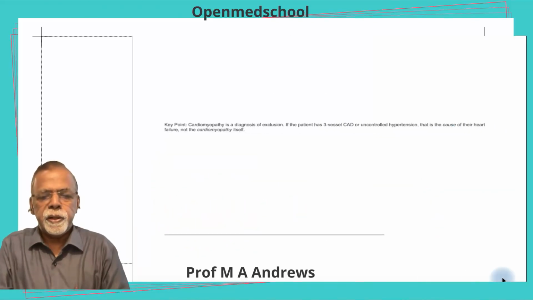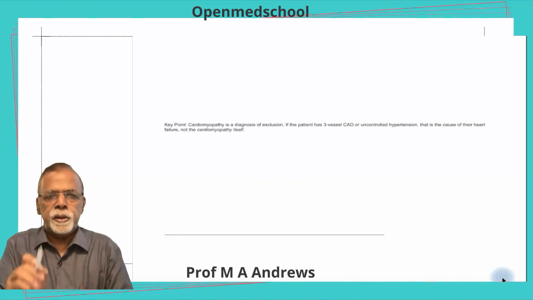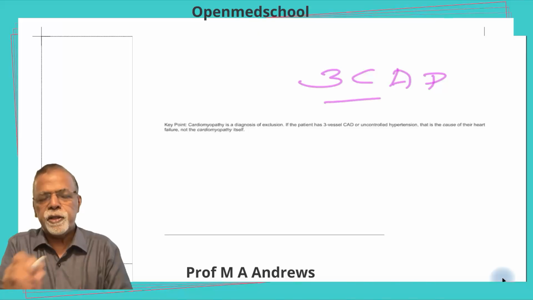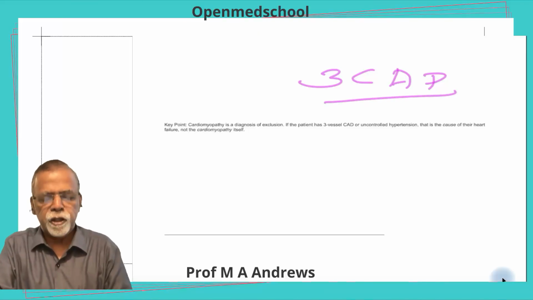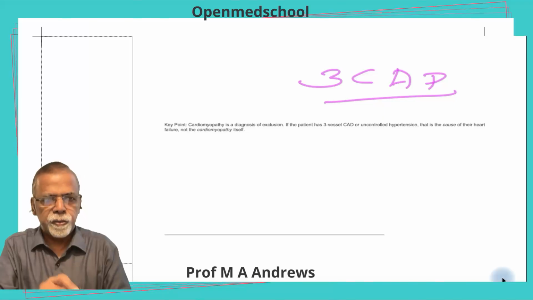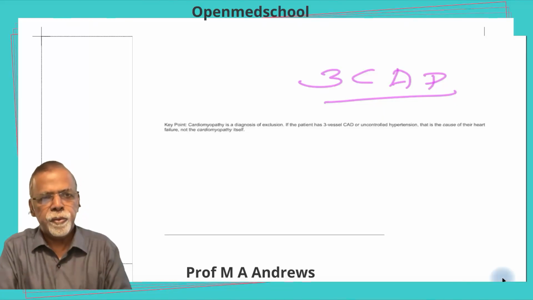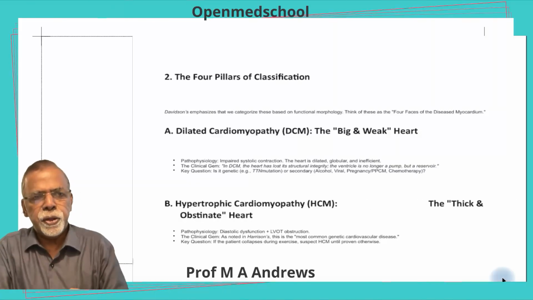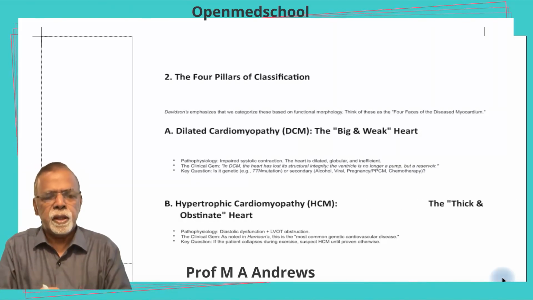So the major point to be remembered is that this is a disease of exclusion. Suppose a patient has 3-vessel coronary disease and comes with features of heart failure, or has uncontrolled hypertension. The cause is not cardiomyopathy, it is due to these basic diseases. So now we go into the classification.